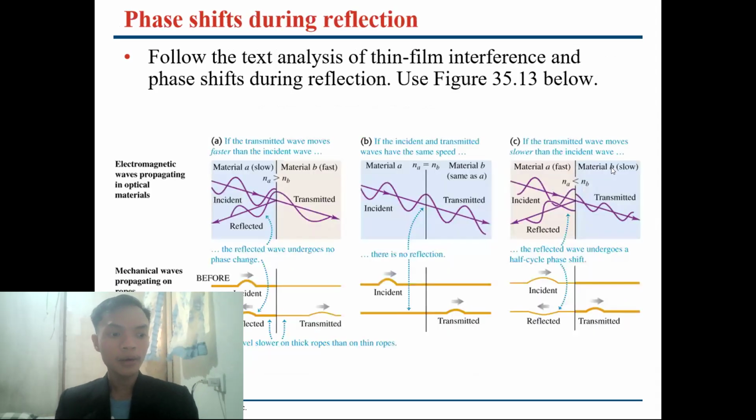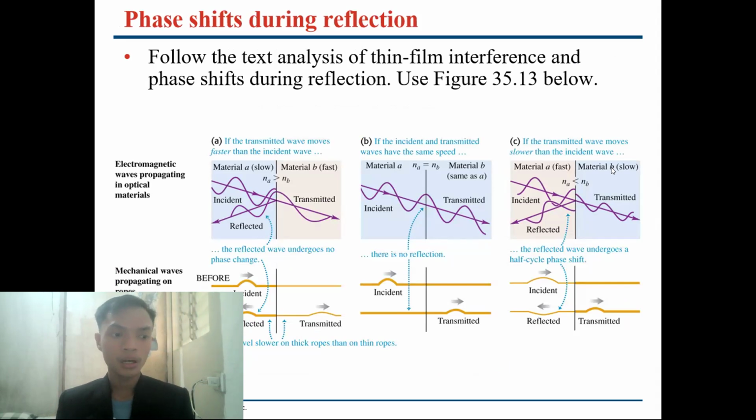So let's now have the phase shifts during reflection. So follow the text analysis of thin film interference and phase shifts during reflection. Use figure 35.13 below. So phase shifts occur when light reflects between materials of different refractive indices.